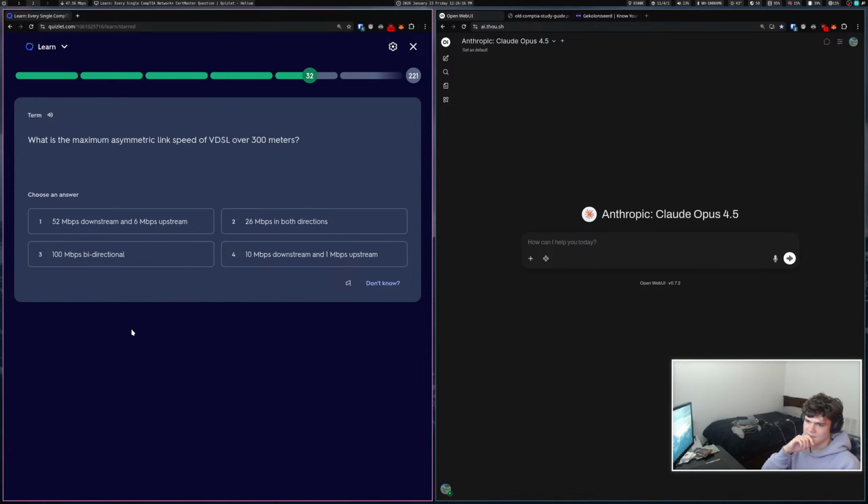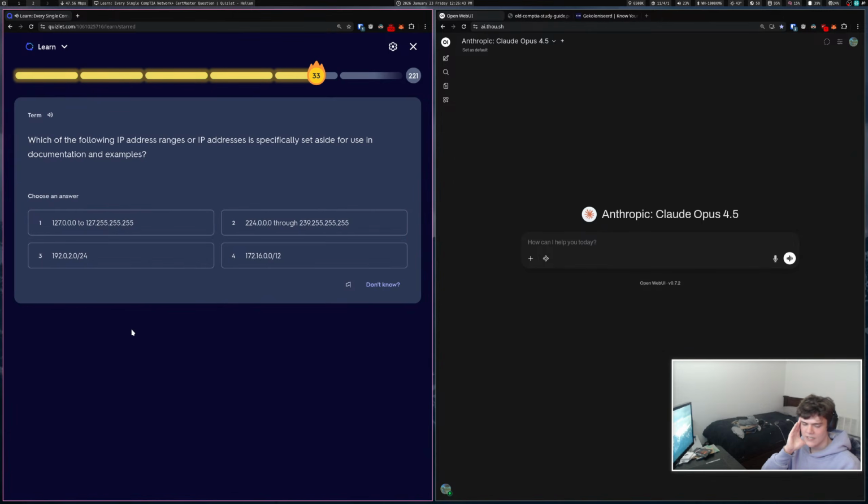Maximum asymmetric link speed of VDSL over 300 meters. Isn't VDSL, doesn't it just stand for like very high speed DSL or something? Maximum asymmetric link speed. Because it says asymmetric.